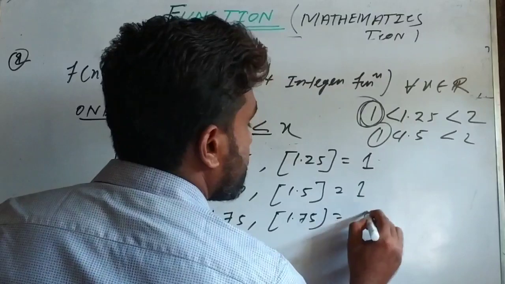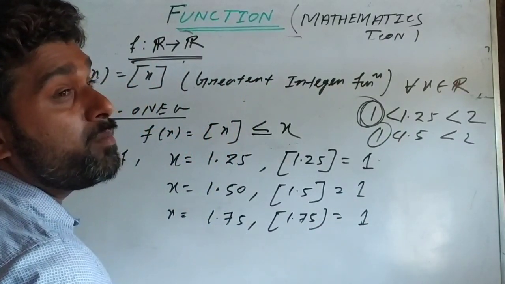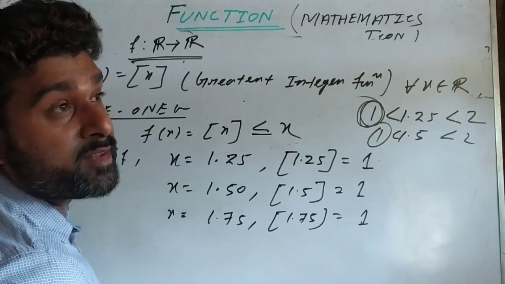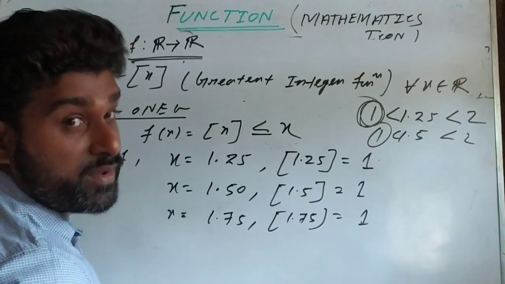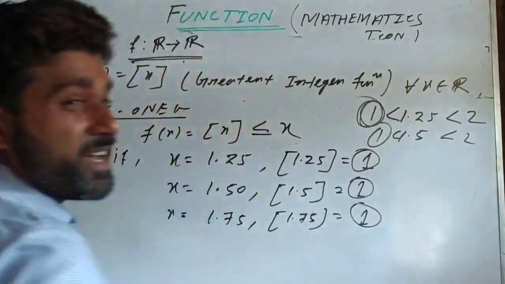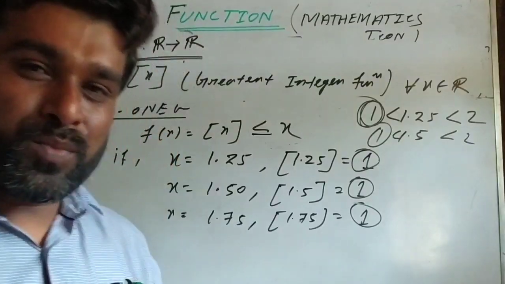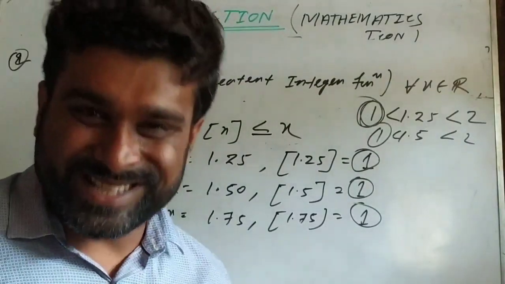Here you can see, for multiple values of x, we are getting the fixed value of f(x). That means the output is not changing as well. For multiple values of x, the output values are not changing.